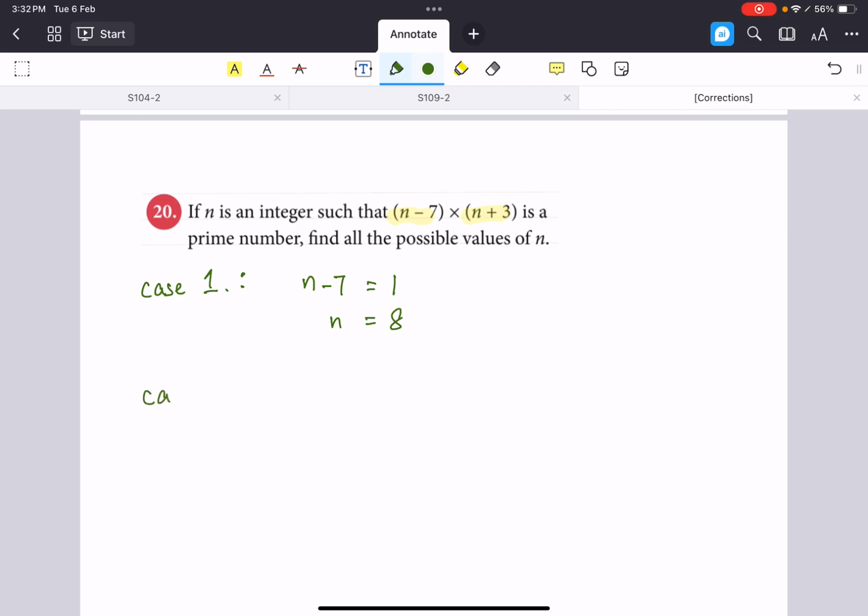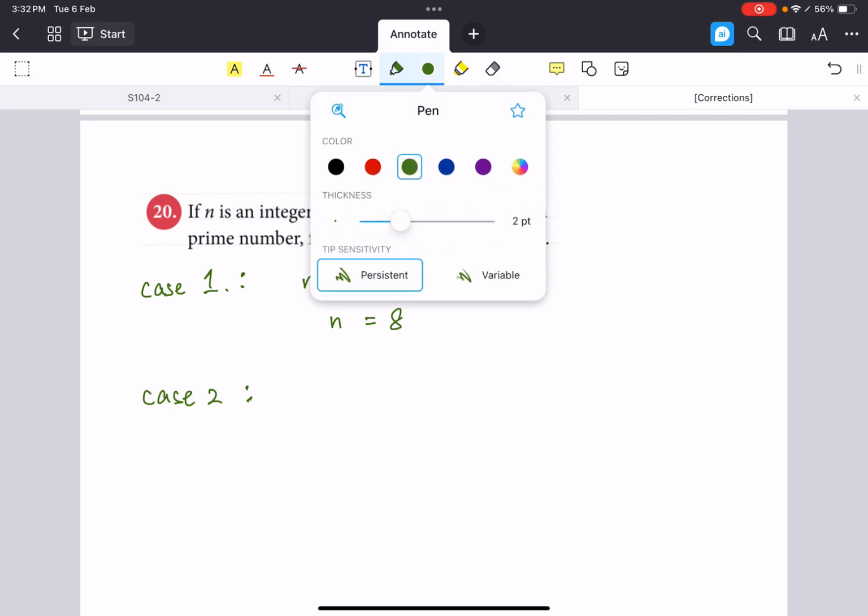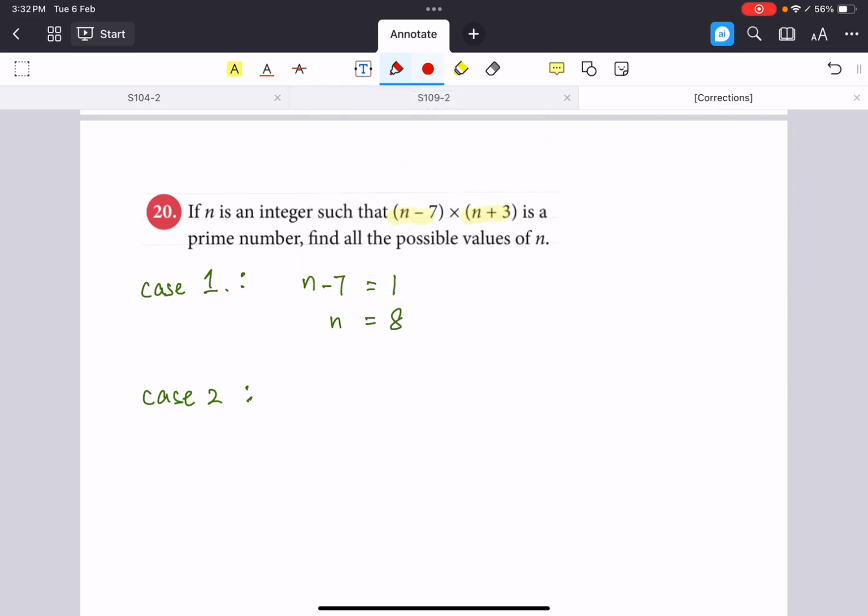But case 2, what is case 2? Here is a positive times positive. Case 2 will be a situation where we have a negative times negative. Which means one of these numbers is negative 1.